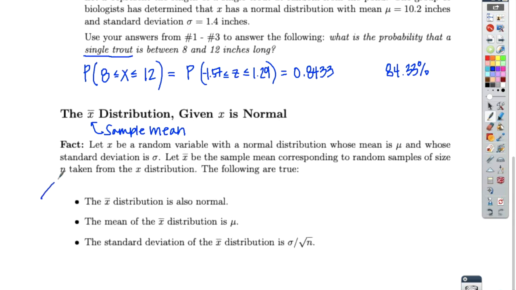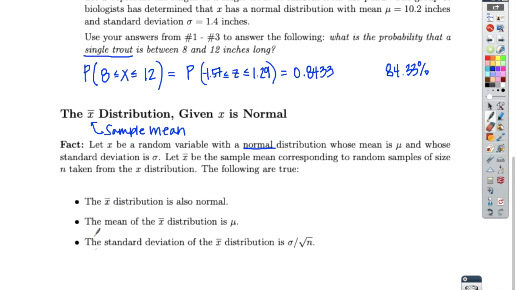Now, in our children's fishing pond example, n was 5, but it doesn't have to be 5. That's just what we were dealing with last time. So we'll just have small samples of a given size, and that size is going to be called n. The following 3 statements are true. The x bar distribution is also normal. Now that is what we saw last time, and I hinted last time that that was not a coincidence, and this is why. So if x is normal, then the x bar distribution is also normal.